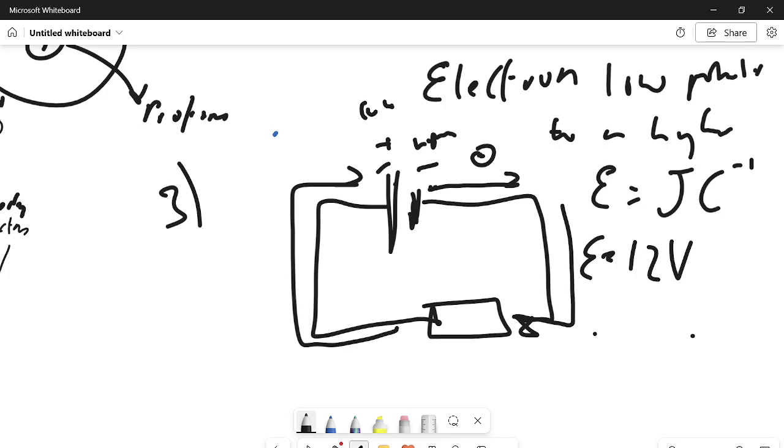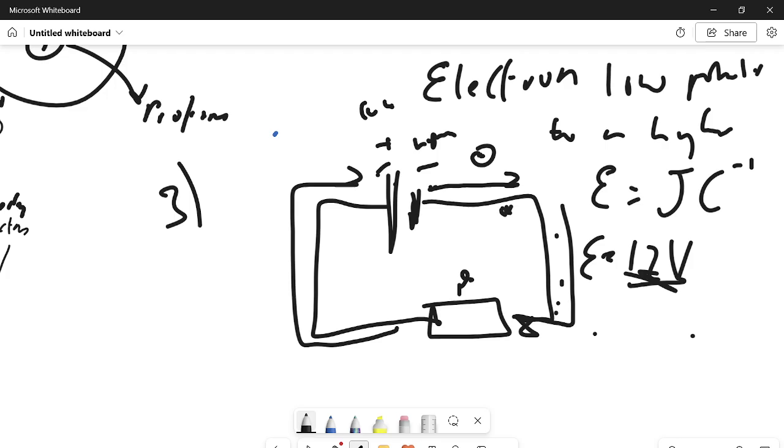Anyway, once you have this energy, it's able to go around the circuit, and it loses energy in the wire because there's resistance. It loses energy in the components as light and heat, and then when it goes all the way back here, it has lost all its energy. The EMF is used again to give it energy to go back to high potential.